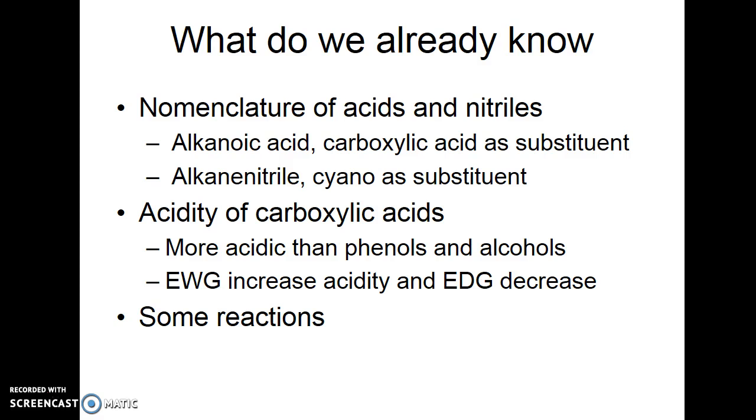To name the acids, we count the number of carbons in the chain, including the carbon that's in the carboxylic acid functional group, and we use our prefix and end with anoic acid. So if we have 6 carbons, 5 that are in the carbon chain and the 6th is in the carboxylic acid functional group, we call it hexanoic acid.